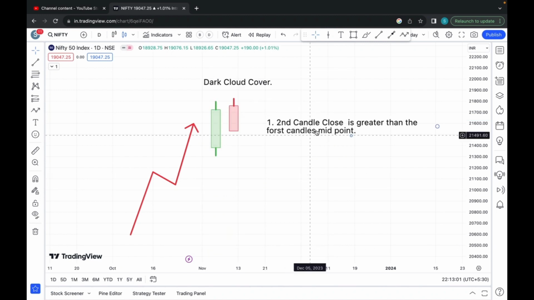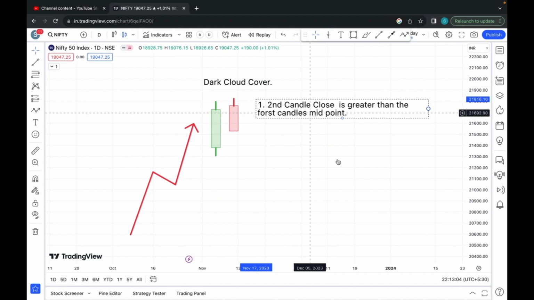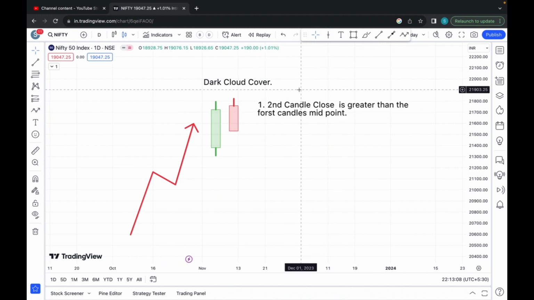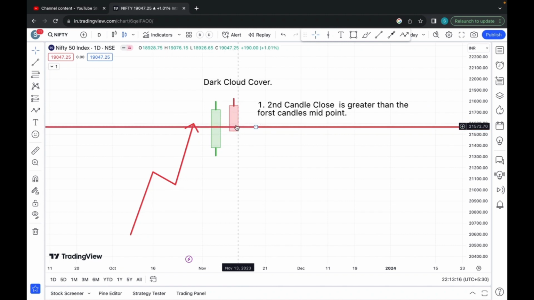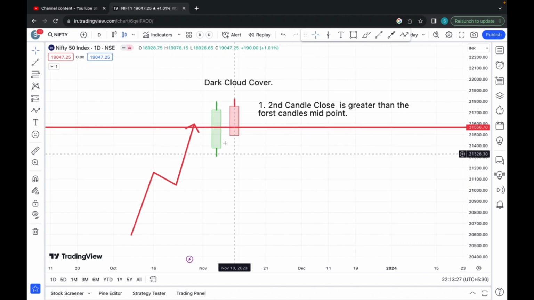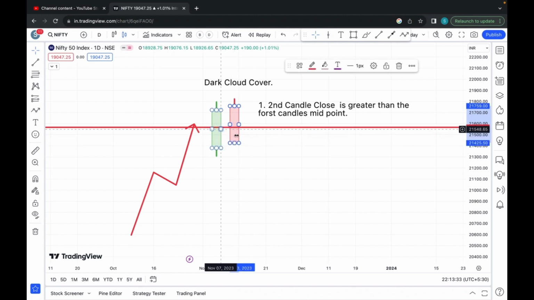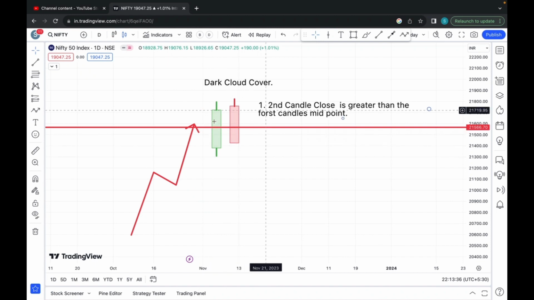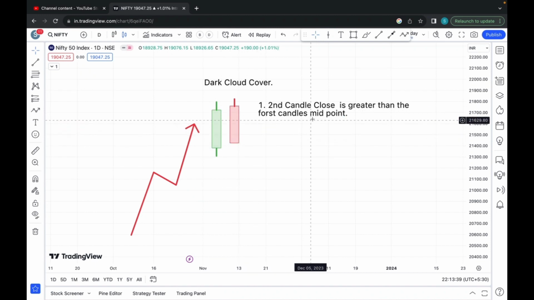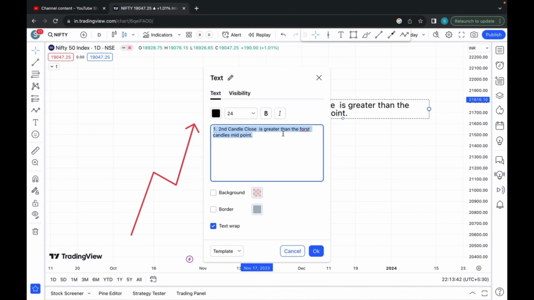This is the first point that increases the strength of your dark cloud cover. In our rule, the second candle should close at least within the first candle's real body, but the deeper it closes, the closer it comes to an engulfing pattern. So if your candle is closing way beyond your previous candle's midpoint, that increases the strength of this dark cloud cover pattern. That is your first point.